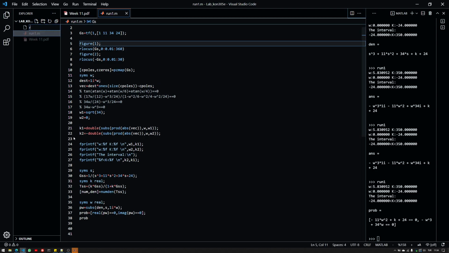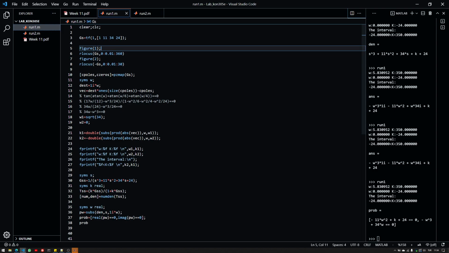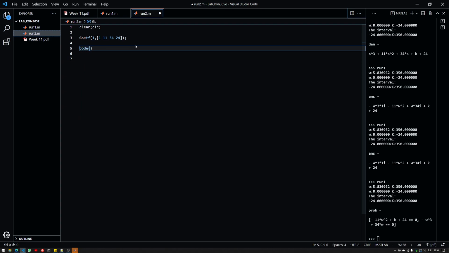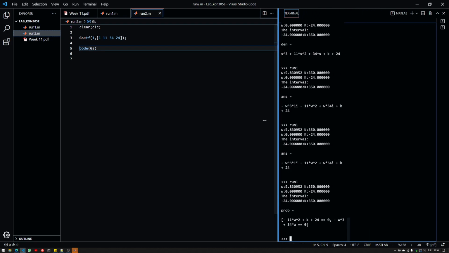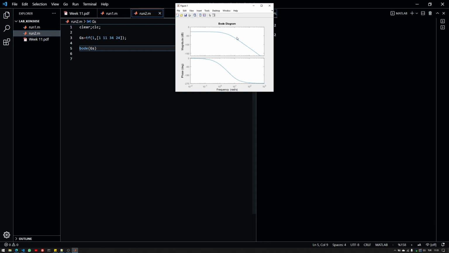Let's create another script, run2.m. Let's copy this one here. Now, first of all, let's start with the Bode plot. So there we go.